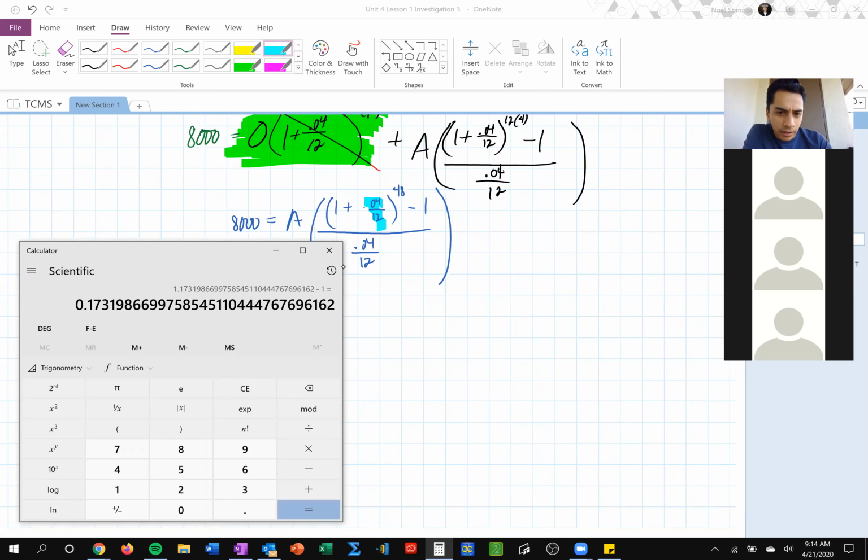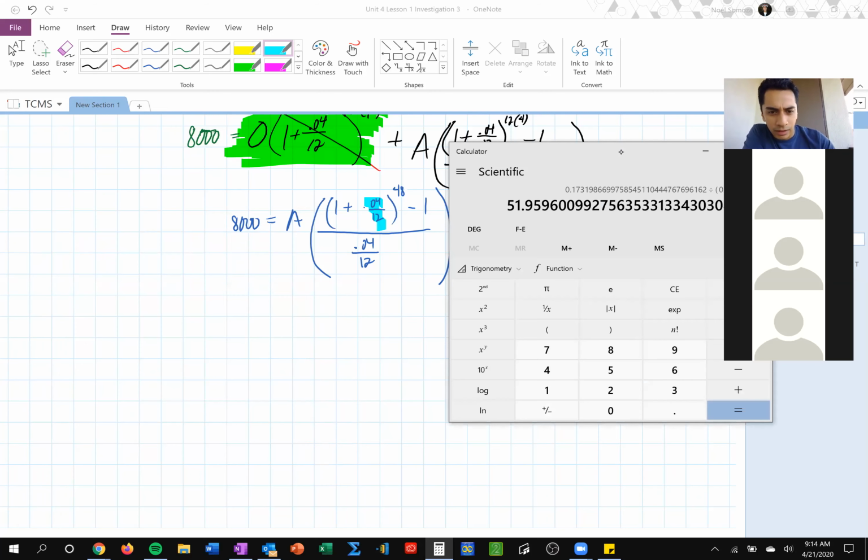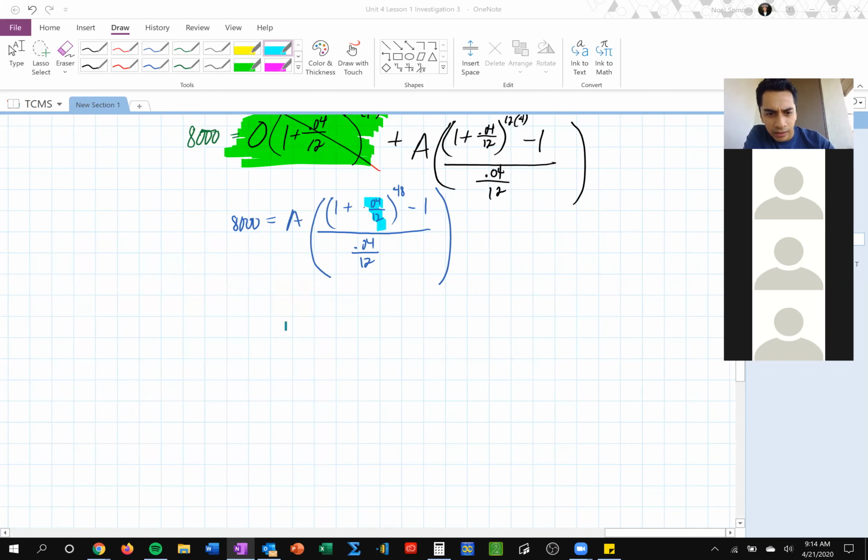Okay, so now we divide this by, inside parentheses here, 0.04 divided by 12. And that should equal 51.96.